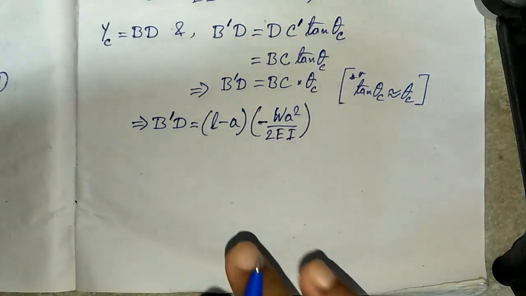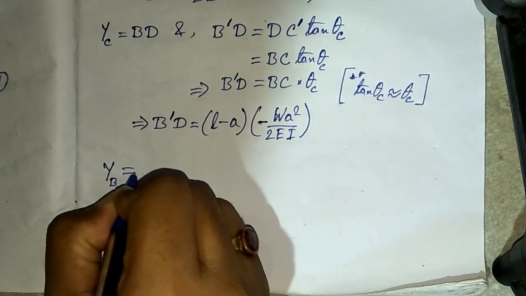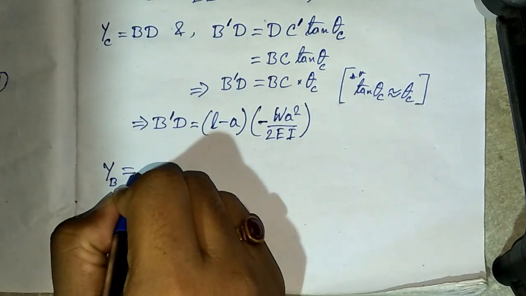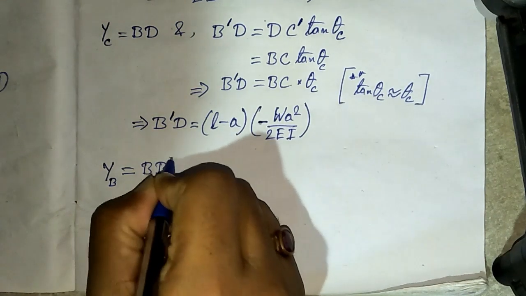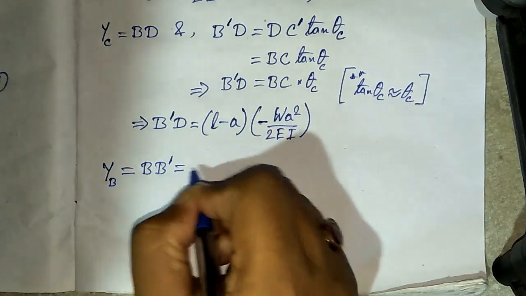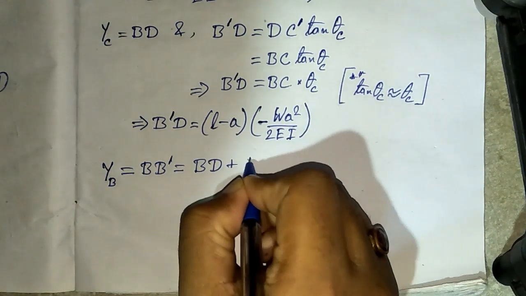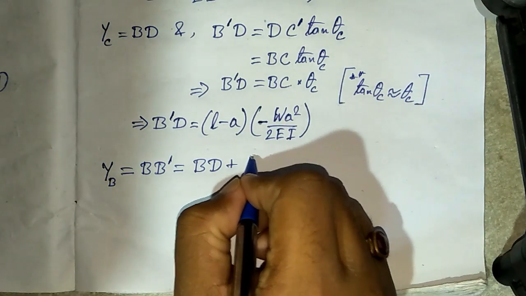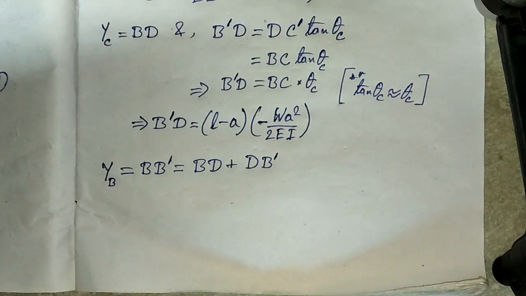So now the deflection at point B, that means YB, is equal to BB dash, that is equal to BD plus DB dash.